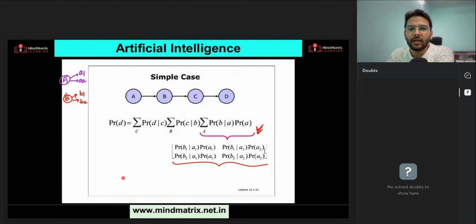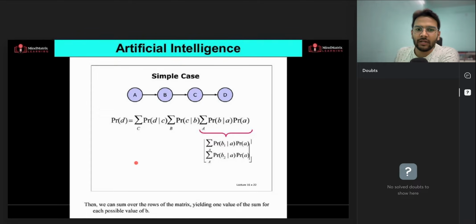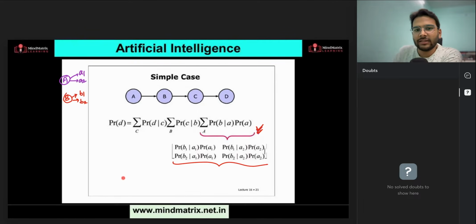Okay, nice. Now if I proceed further, carefully focus on this particular row and this particular row. In the first row, the value of B we have taken as B1, right?